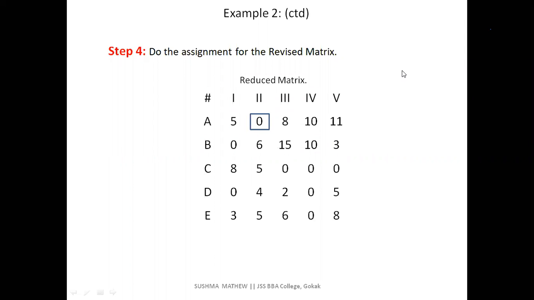Second row, first column. हाँ, second row में first column में आता है. So I am assigning that. You got to be very careful. Now when you're assigning that, check for subsequent zeros in that particular column. There is a zero in that particular column after 8. So you have to cross mark that.